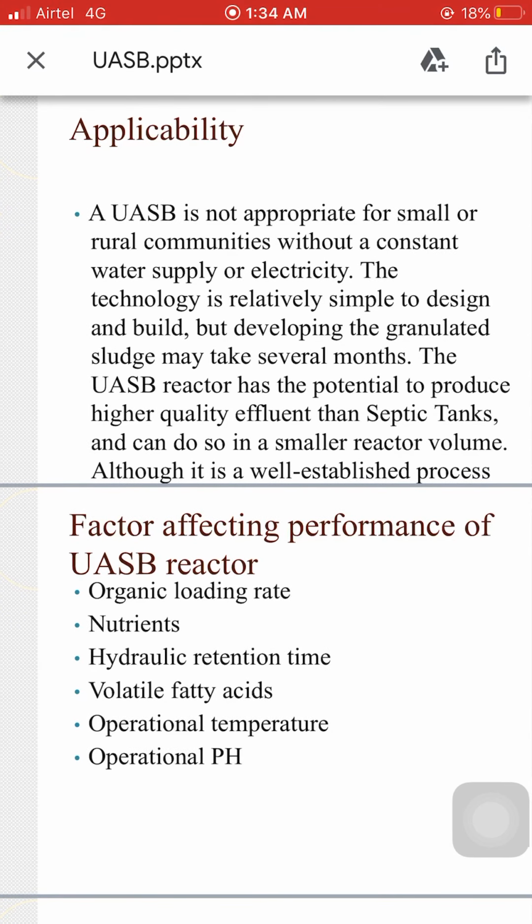As we know, in industry a large amount of water and electricity is easily available, so this reactor is nowadays mainly used for the treatment of high organic BOD content in industry.